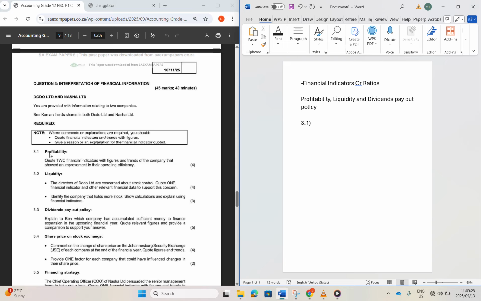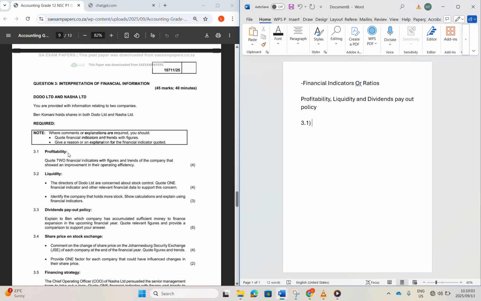Okay, so 3.1, we're talking about profitability. So profitability indicators, if you want to get it correct in an exam or test, you have to know what relates to the profitability ratio. You can't mention loans, maybe return on shareholders equity, when they tell you about profitability ratios.